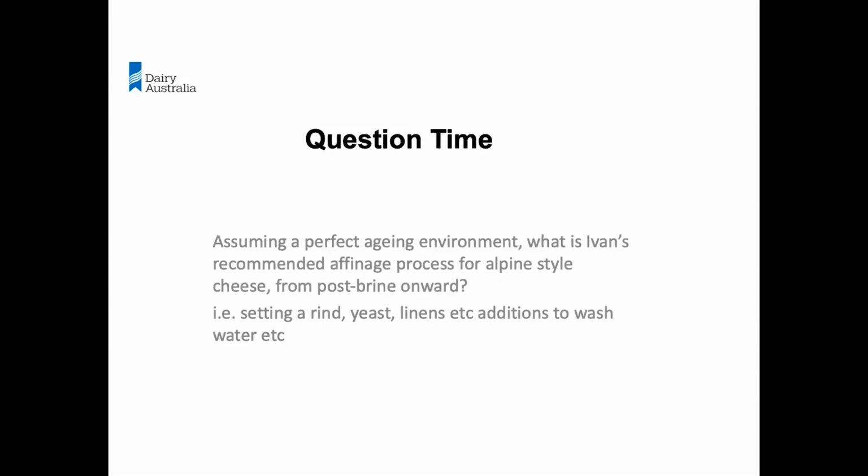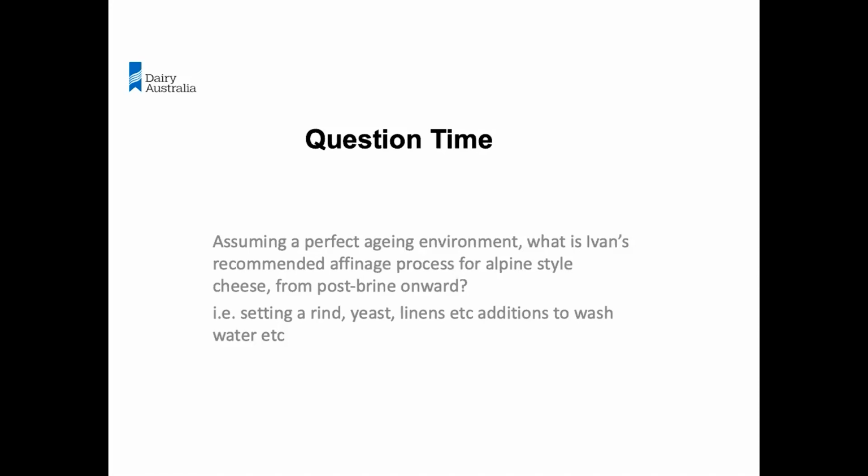Usually the rind is just done by brushing or washing the cheese with just salted water or dry brush. So just trust either what you have in the milk or what you have in your aging environment. You have to remember that after 4 or 5 months, the living things that are on the rind of a cheese are not the bugs that you added into the milk at the beginning.